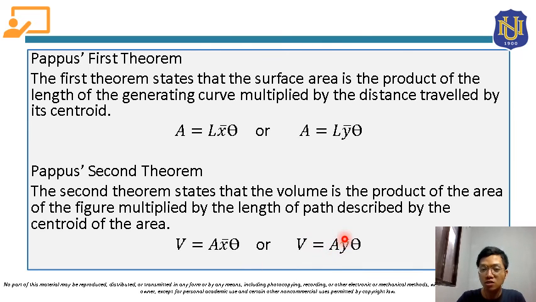We can also use y bar here, so it depends on the problem. If the composite area will be revolved about the y-axis, what we need is x bar. But if we are going to revolve the composite area about the x-axis, what we need is y bar. So we are going to use these formulas to solve for these problems.